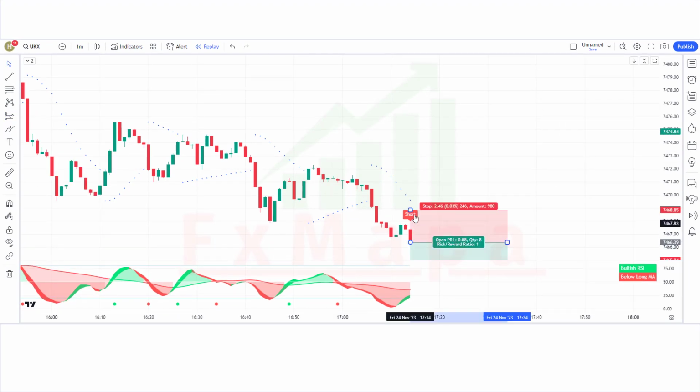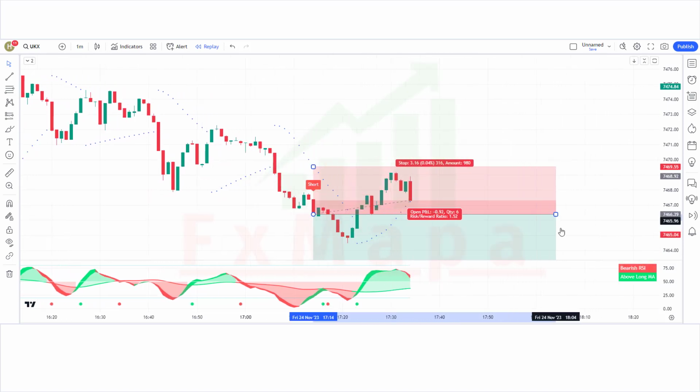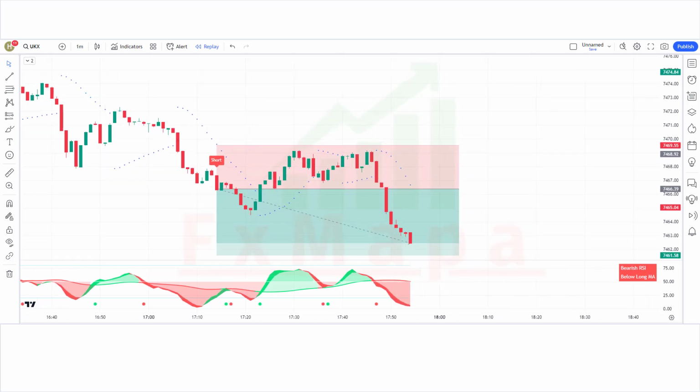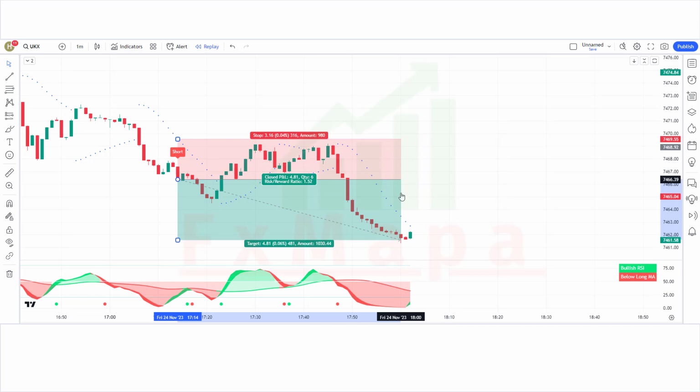Our stop loss will be placed at the parabolic SAR of higher level, and the risk to reward ratio will be 1:1.5. The market has completely hit the target.